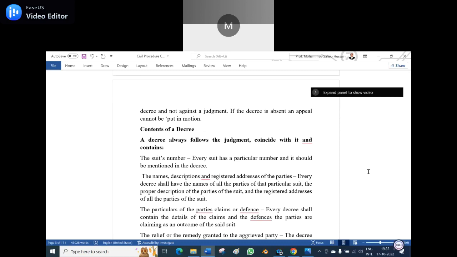That means name of the person. Next, qualification of a person? Is it? Height of a person? Color of a person? Is it?